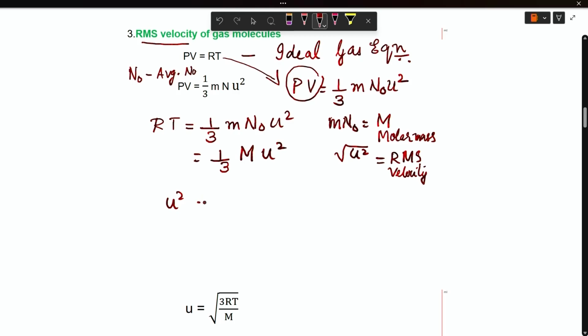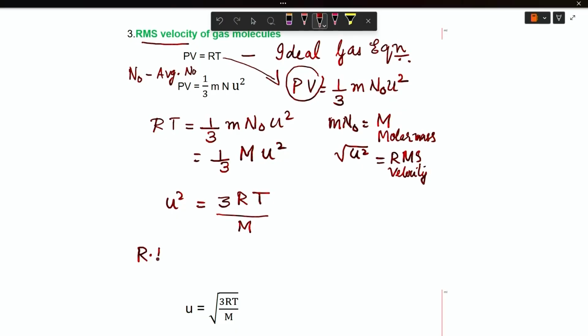u square equals, so I will keep u square over here. When I take 3, it goes to the numerator. So, 3, and on the other side we have RT at the numerator. I am going to take M from the numerator, so that goes to the denominator: 3RT by M. Now, I want the root.